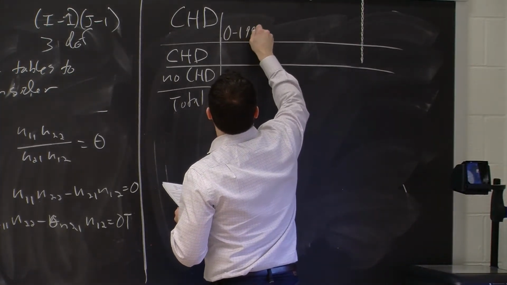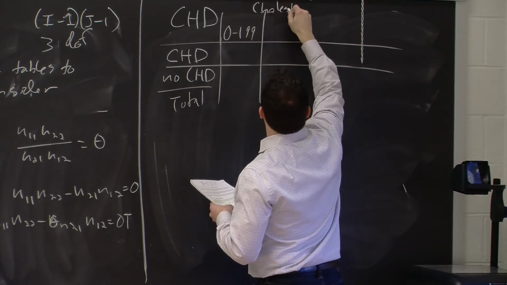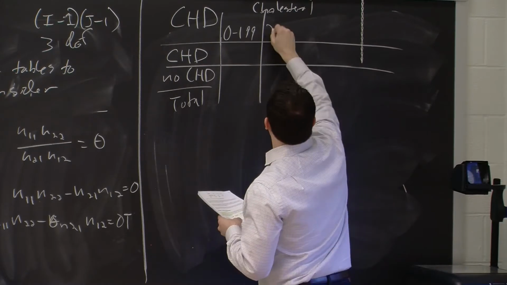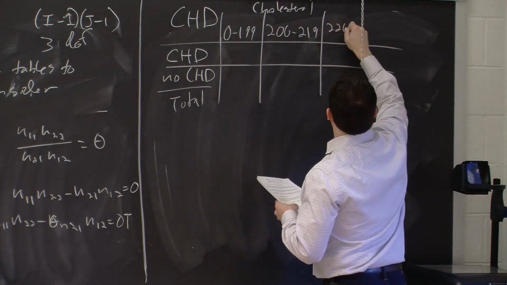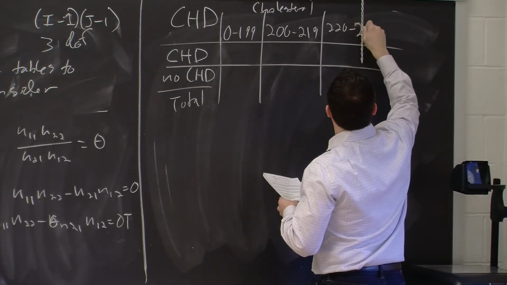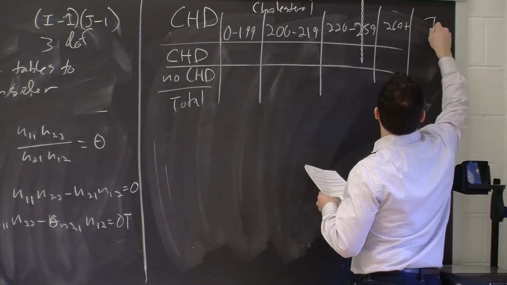Cholesterol levels: 0 to 199, 200 to 219, 220 to 259, and 260 or more, and then total.